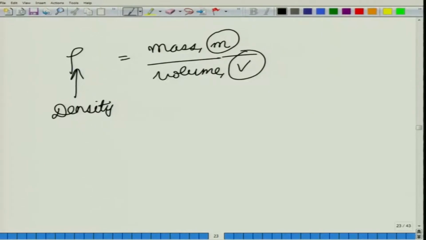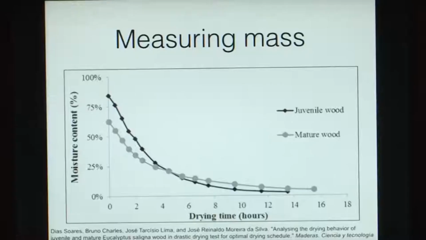the mass will reduce when you remove water from it. For instance, this curve is showing you two samples, one from a juvenile wood, that is a young wood, and one from a mature wood, against their drying time in hours.